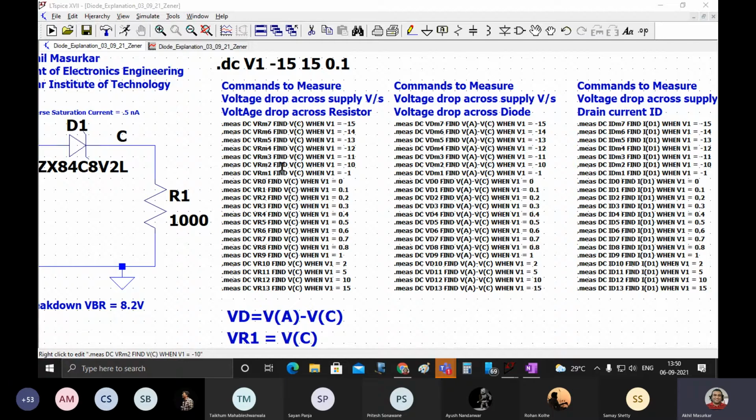13. 13. 13 or 30? Sorry, 20. 20. How 20? Minus 15 to minus 1 and then 0 to 15. So how is that 20 values? Currently it is 20, but because we've skipped some values, if we would include them it would increase.